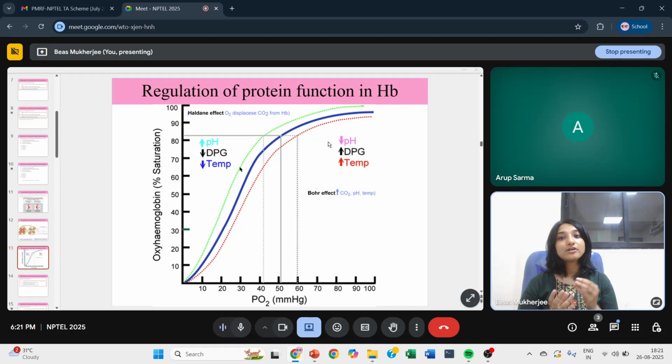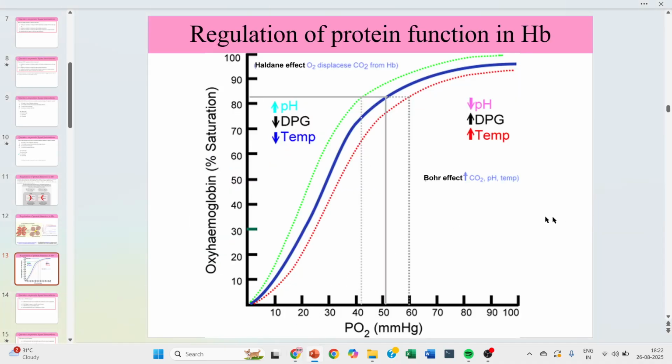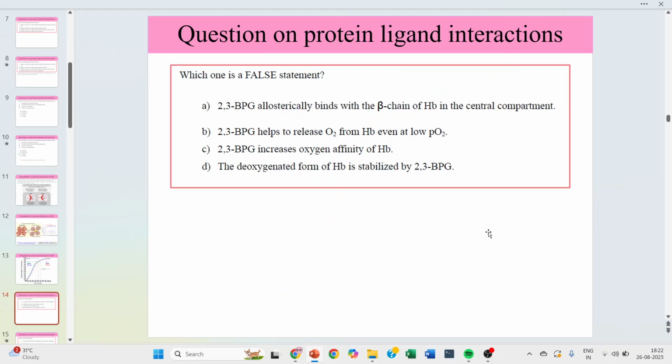So in the Haldane effect, O2 displaces carbon dioxide from hemoglobin, and in Bohr's effect, the carbon dioxide concentration increases, there is a decrease in the pH, an increase in DPG and an increase in temperature. So these are the two things that you have to understand. And there is a shift in the curve, so shifting in the curve can be observed.